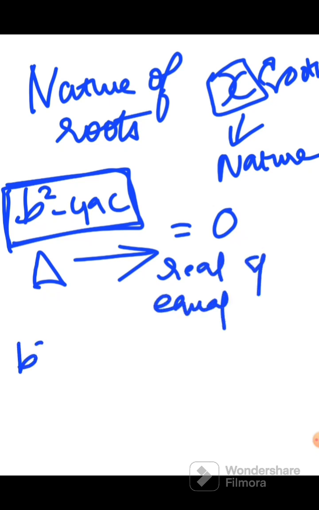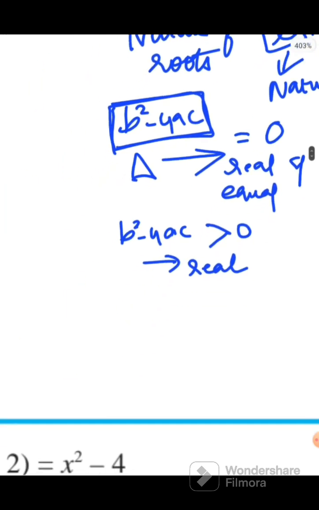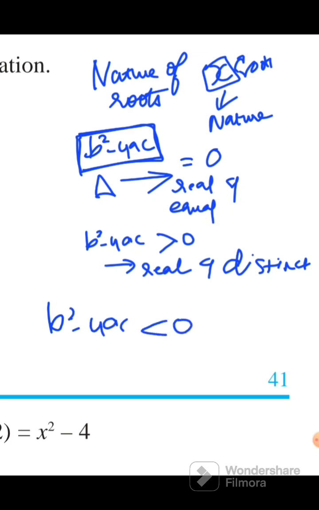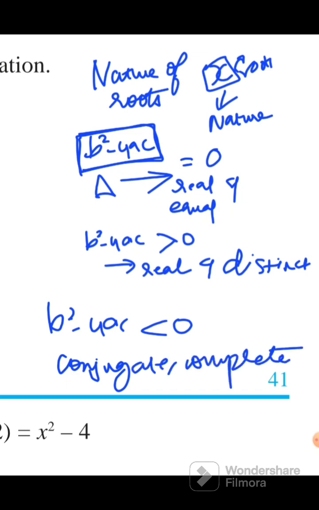If b square minus 4ac is greater than 0, then the roots are real and distinct. Distinct means real and different. If b square minus 4ac is less than 0, then they were conjugate, complex, not real roots. Okay, this is how we can find the nature of the roots.